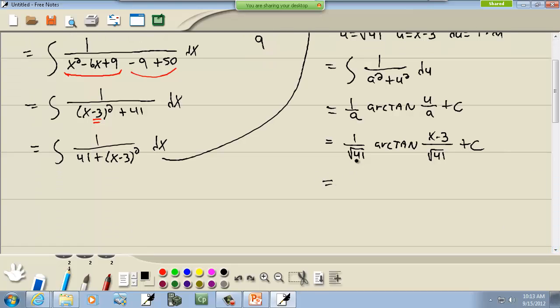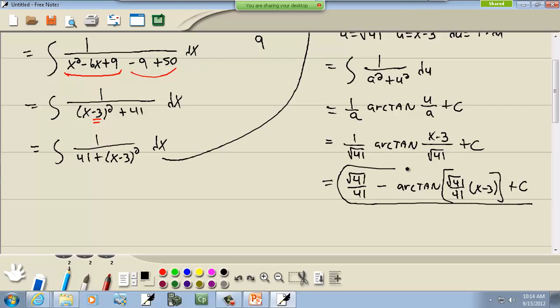Well, I don't want to leave the square root of 41 downstairs, so multiply top and bottom by that, so that gives us square root of 41 over 41 arctangent, and here I multiply top and bottom by square root of 41 over 1, and we get square root of 41 over 41. I'll learn to speak someday. And x minus 3 here, plus c. And that's our answer.